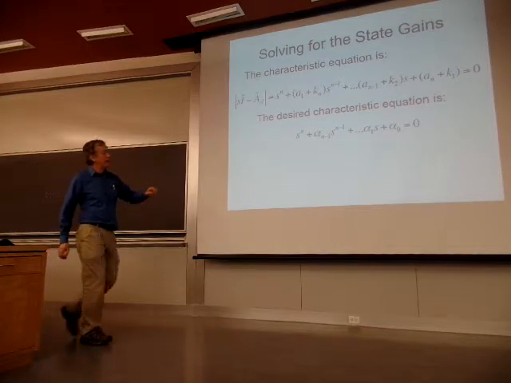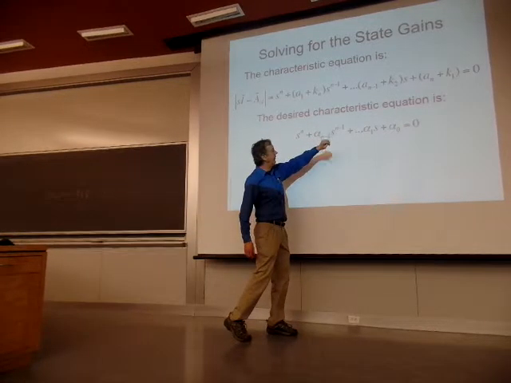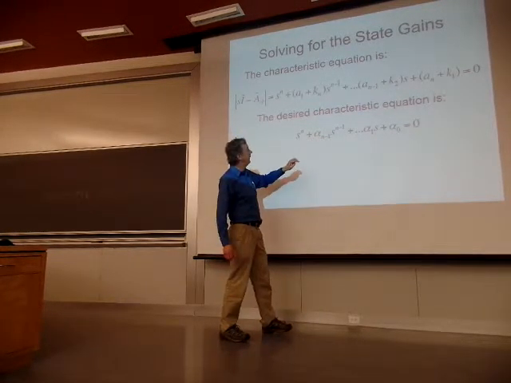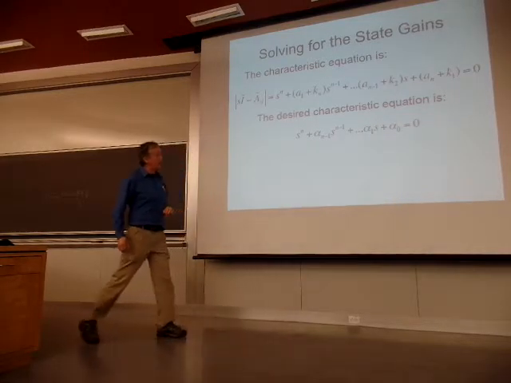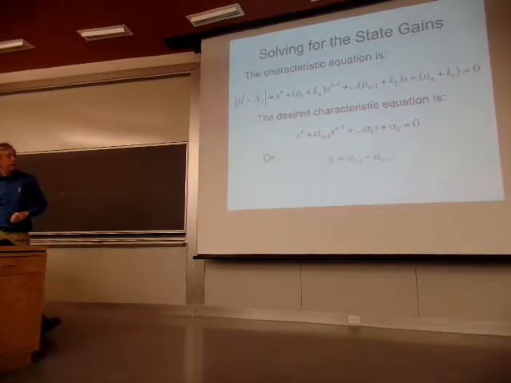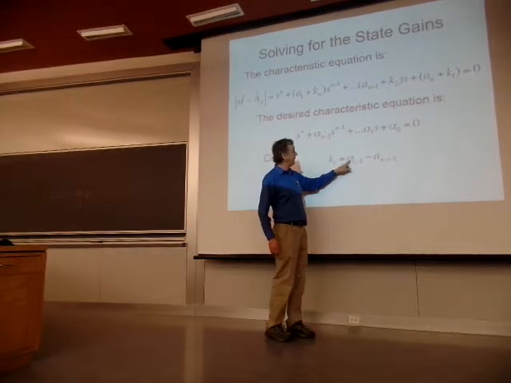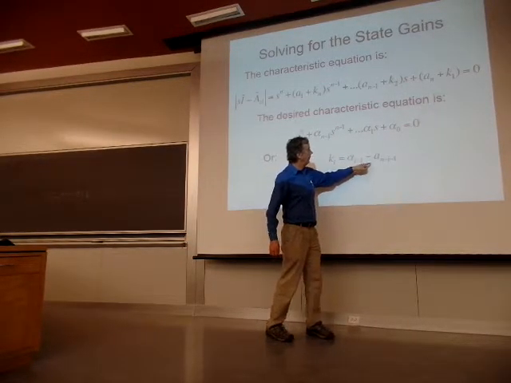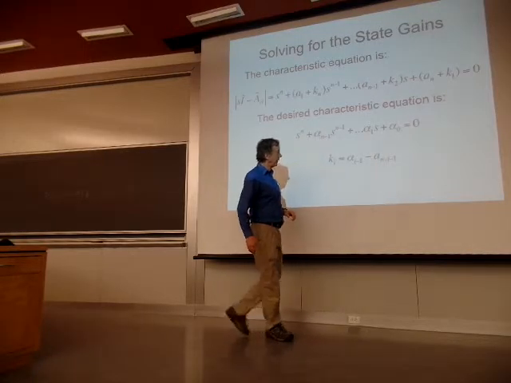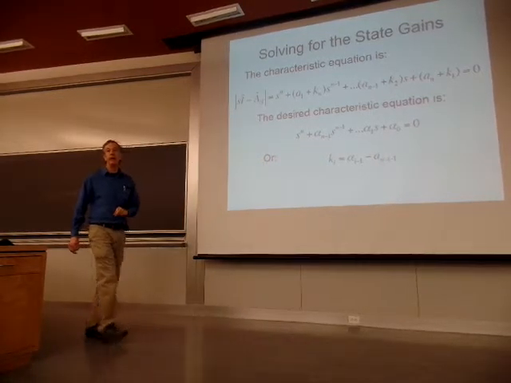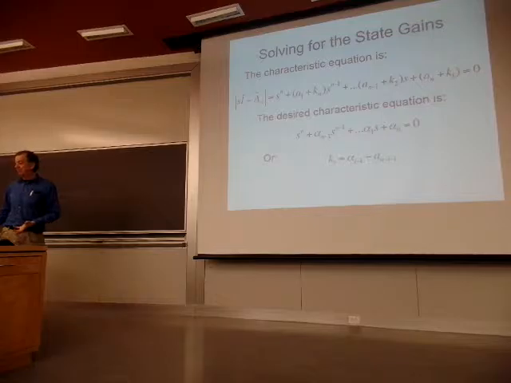Let's say alphas for all the terms of the desired one, and A's for the open loop. I can easily solve for every single one. Okay, so K sub i equals alpha sub i minus 1 minus a sub i minus 1. They all just drop out.